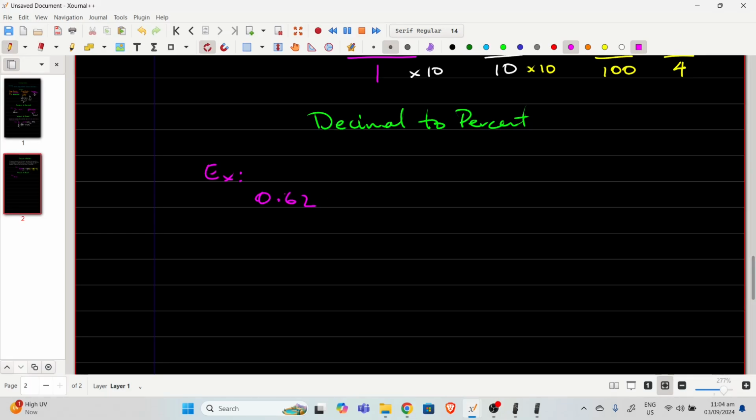Then what I'm going to do is shift it 2 places to the right, and I will get 62%. Or I can just simply say 0.62 multiplied by 100 with a percentage symbol, and I will get 62%. And that's the conversion from decimal to percentage.